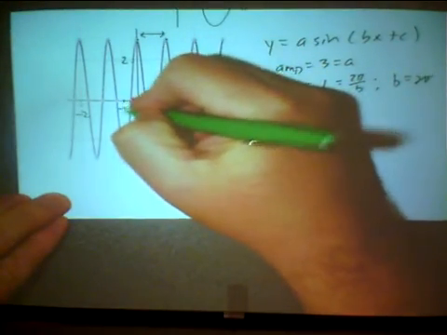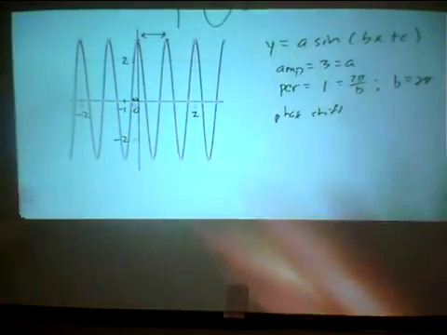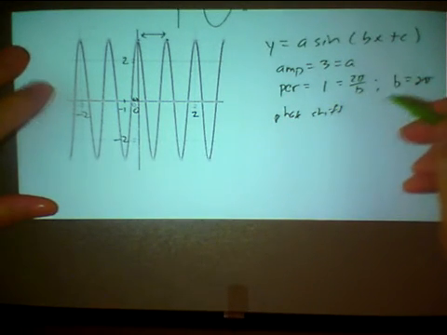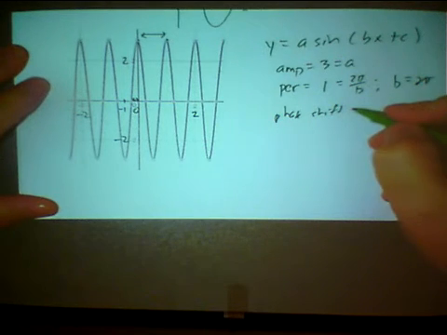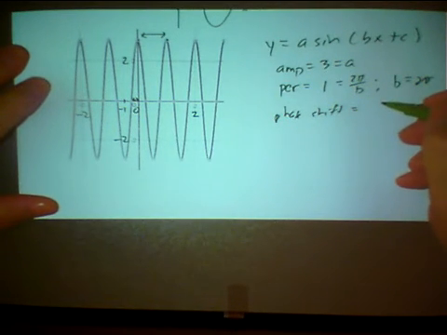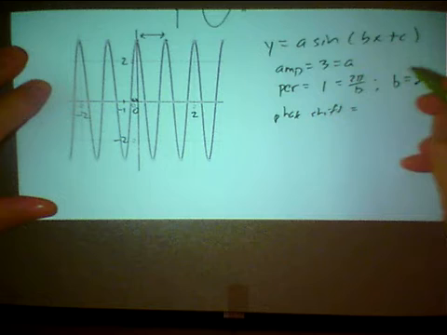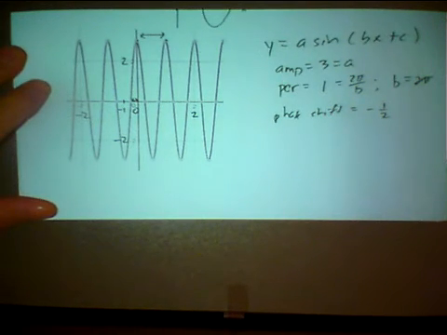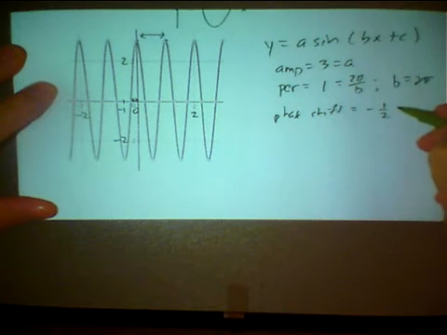Because negative 1's right here. If I shifted it a half to the right, so let's call my phase shift, now the negatives and positives are tricky, I think I want to call it a negative 1/2. We'll see if that makes sense.